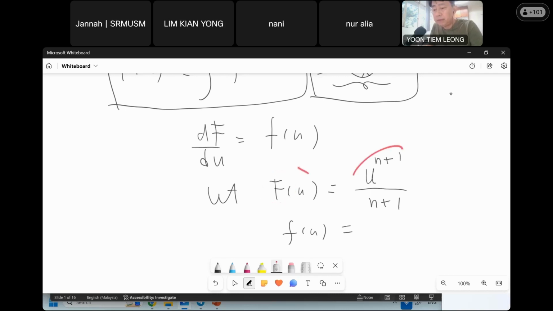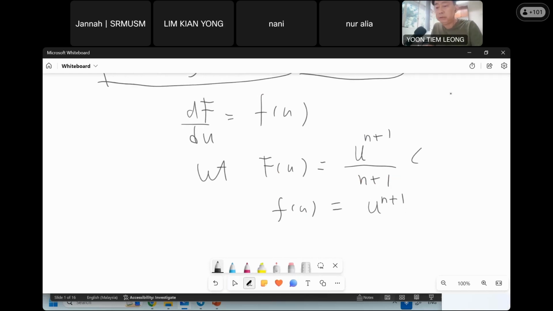So if you take the derivative with respect to u for this, then you'll be able to derive the small function f. So if I have capital function F in this form, then my small function f will be simply equal to u to the power n, right?